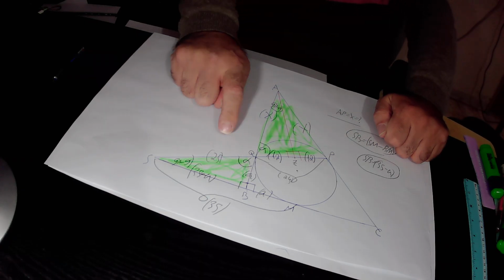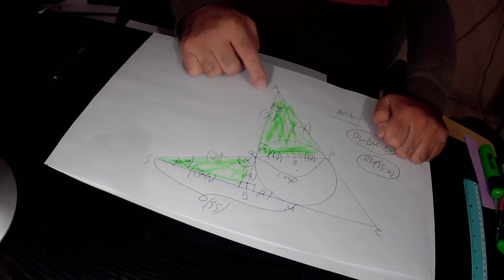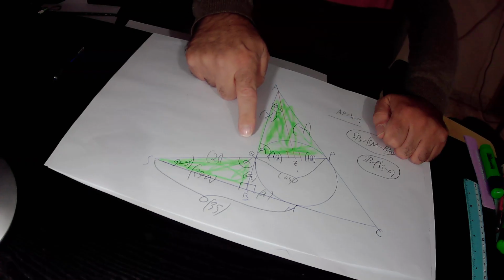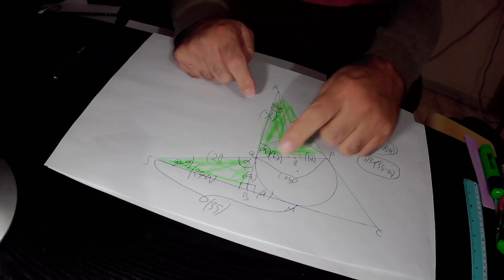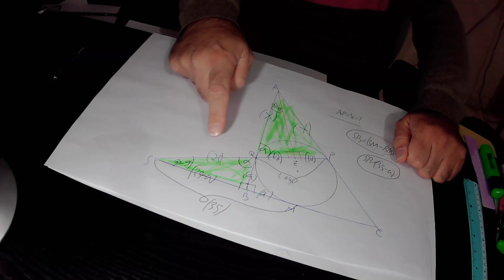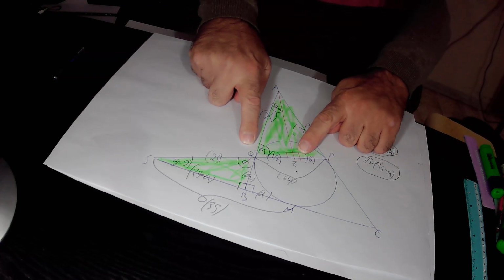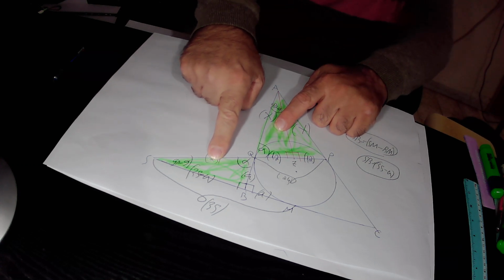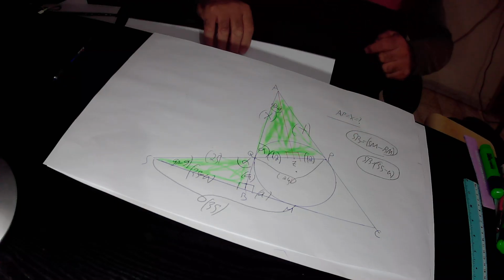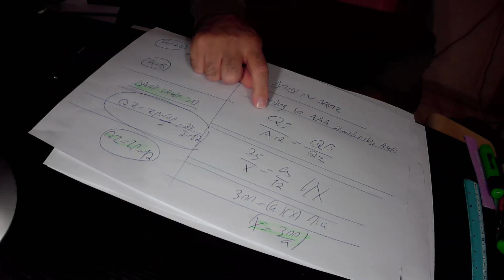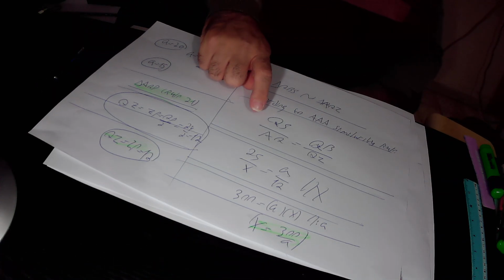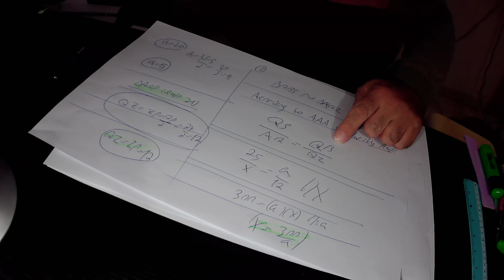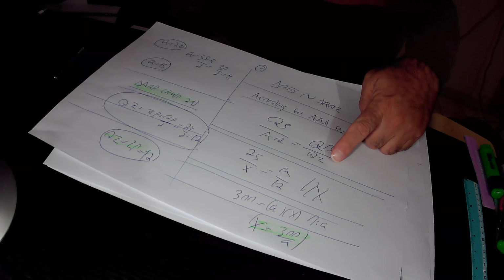Side SQ of the small triangle SQB over side AQ of the big triangle AQZ is equal to side QB of the small triangle SQB over side QZ of the big triangle AQZ.